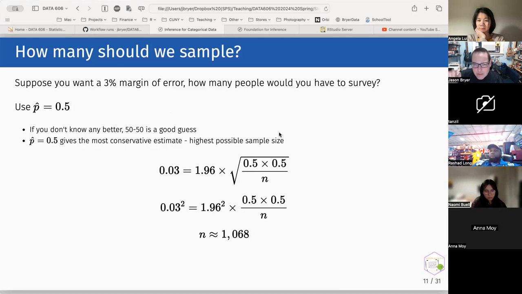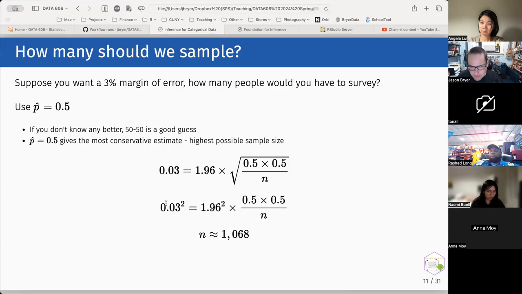You're going to find it's going to be somewhere between 1,000 and 1,100. And why is that? Because pollsters, for whatever reason, have landed on a 3% margin of error being a good place to be in terms of accuracy. In the next slide, we'll explain a bit why. So, if you want to specify a margin of error before you do your sampling, well, what do you do?